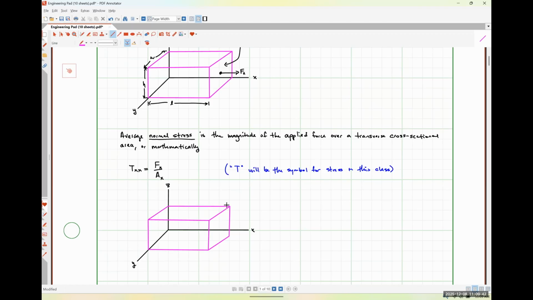So same dimensions, I'm not going to bother writing those down again. And let's say that this time, our force is kind of pulling on this top surface. So here's our force directed in the X direction again. This is the cross-sectional area that we're going to be dealing with. Its vector direction is in the Z direction, so orthogonal to that plane.